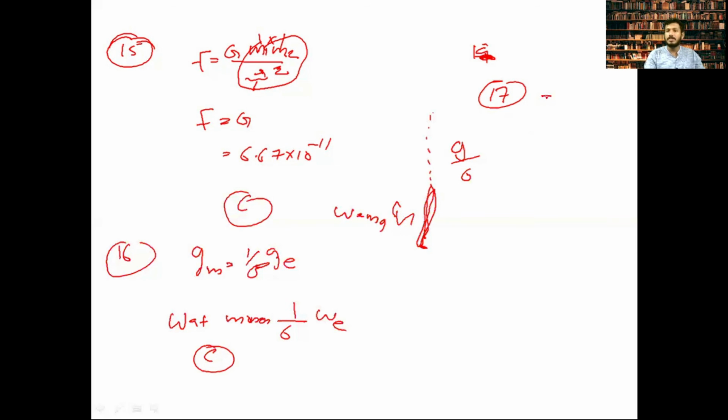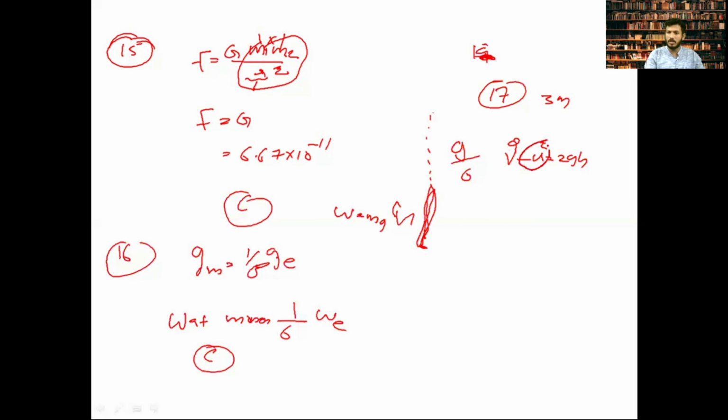On Earth, we can jump from 3 meters. Then what is its velocity? v square minus u square equals 2gh.